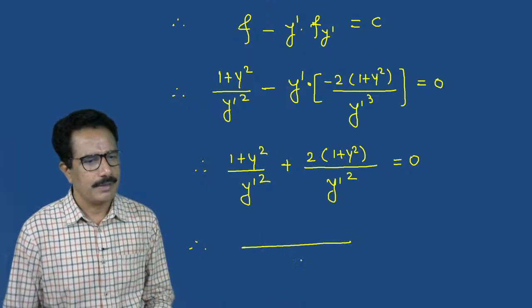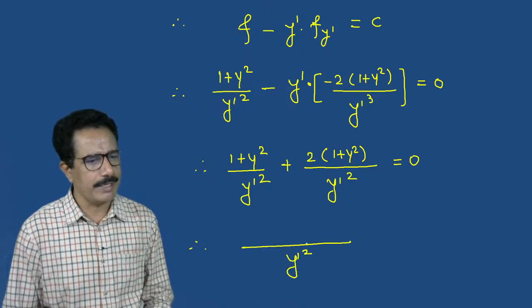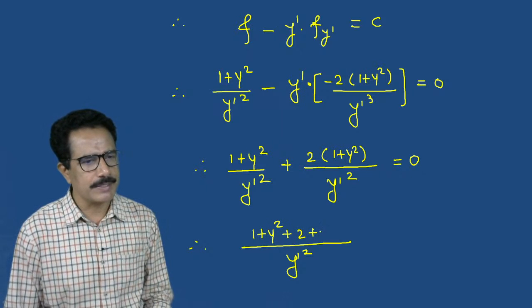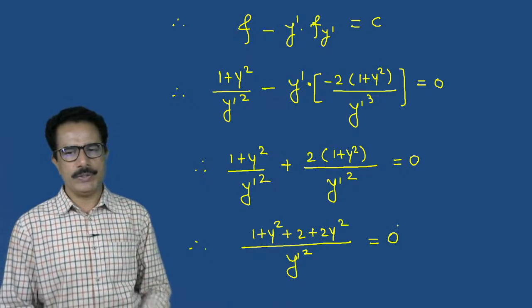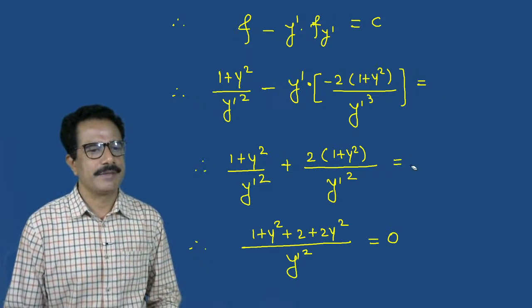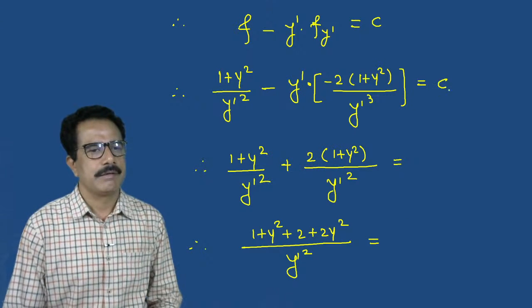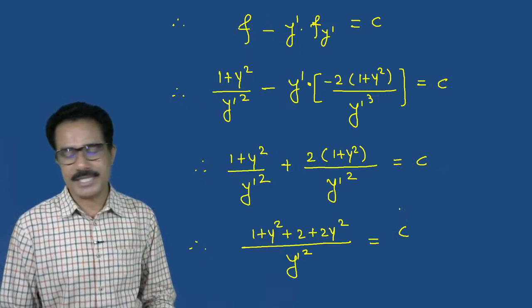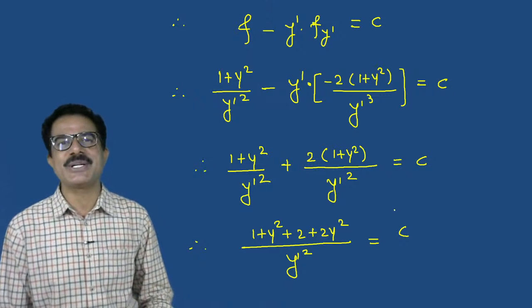So we can take y dash square: 1 plus y square plus 2 plus 2y square, which is equal to c. It is equal to c, did you forget? Yes, very good Saurav Wade.